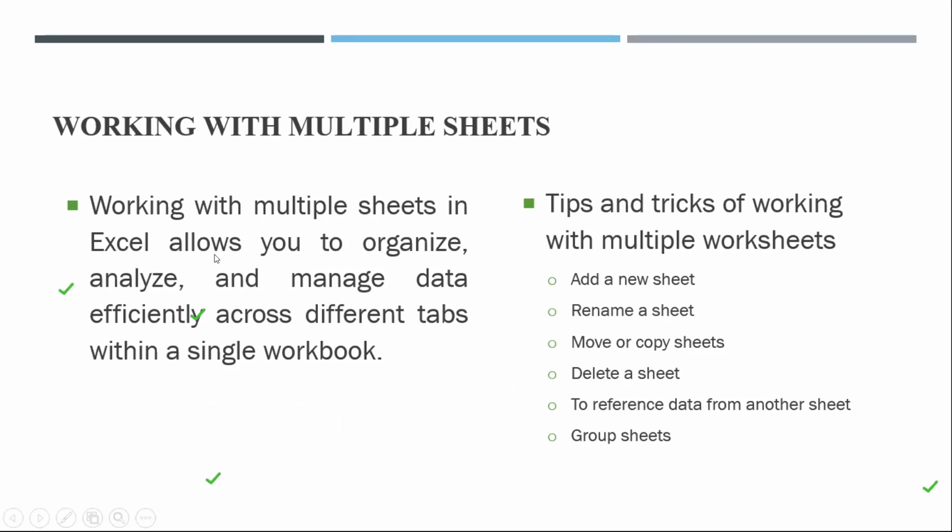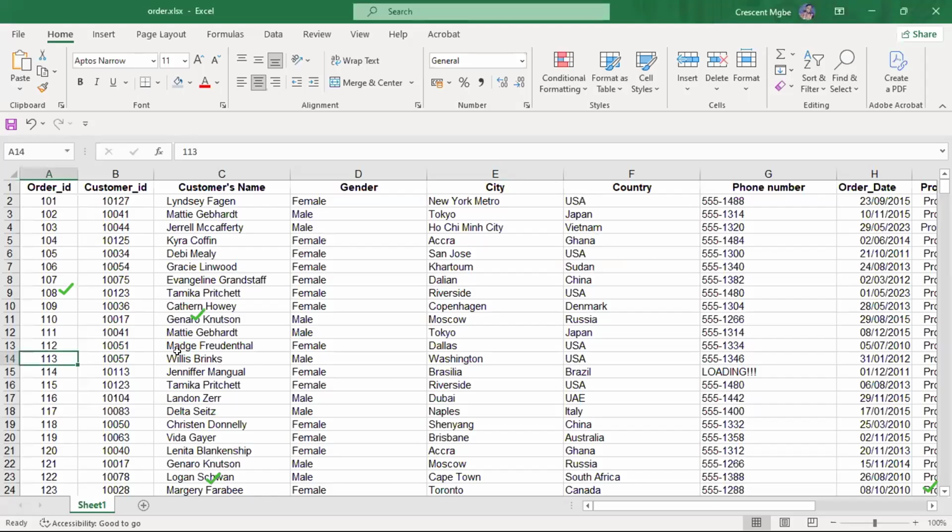Let me explain this one first so that when we do the next thing, you'll understand. Working with multiple sheets in Excel allows you to organize, analyze, and manage data efficiently across different tabs within a single workbook. So we already know what a workbook is, right? So this is a workbook, and we can have multiple sheets in a workbook.